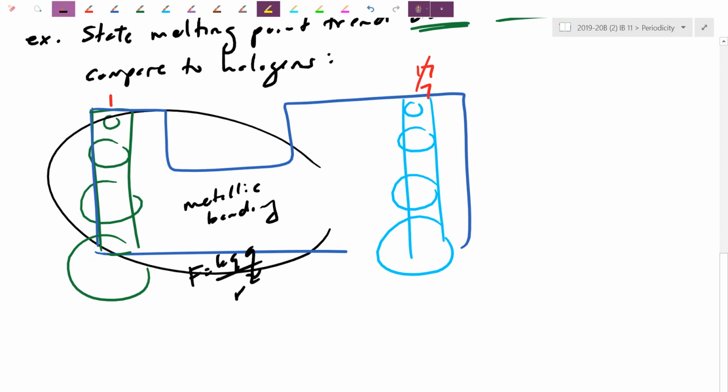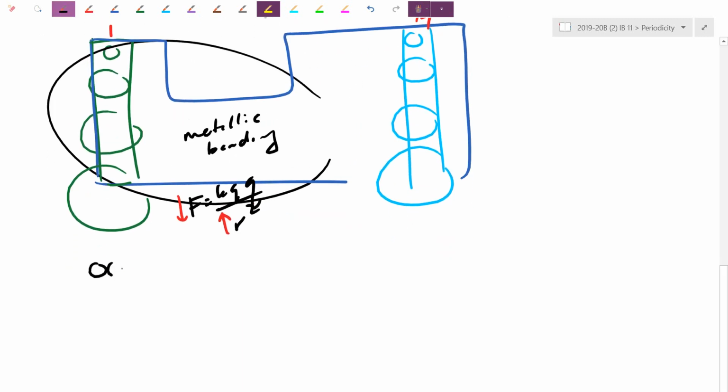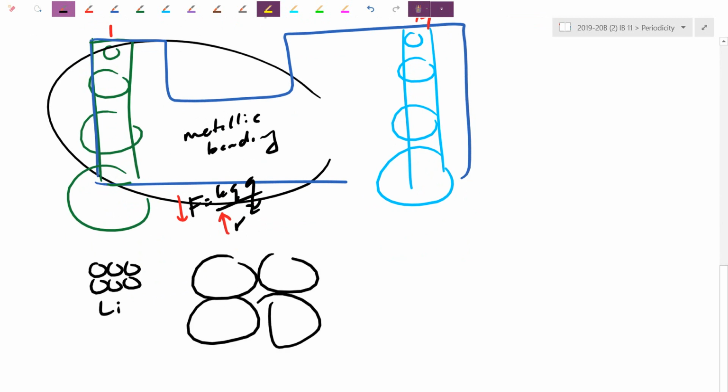Basically what you can argue here, for a metallic attraction, because the radius increases as you go downwards, as the size gets larger and larger, we square it, it gets even bigger, I divide by a bigger number, the force of attraction actually gets weaker. So if you compare, let's say, lithium's atoms are a lot more tiny than, say, the francium case. It's the same mechanism.